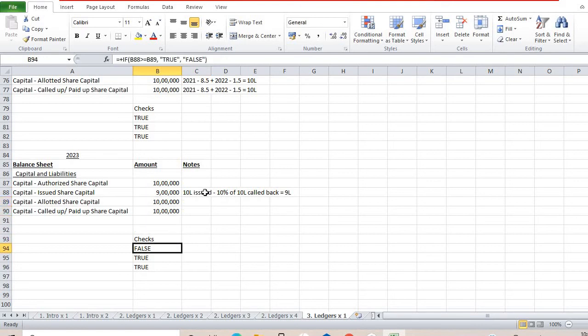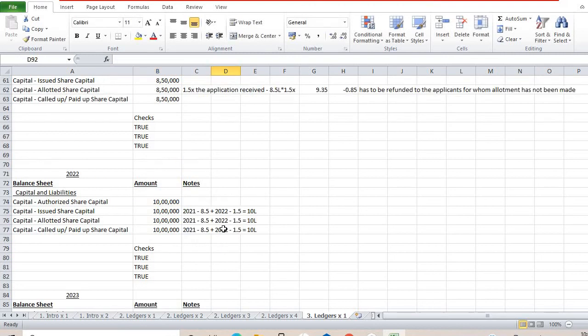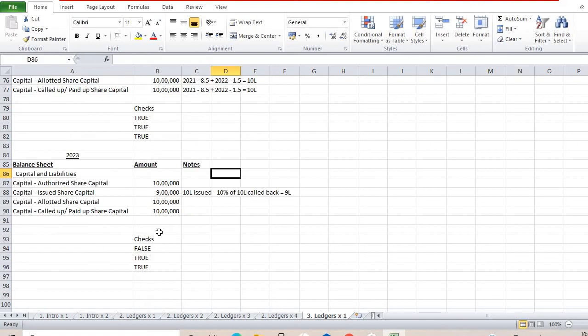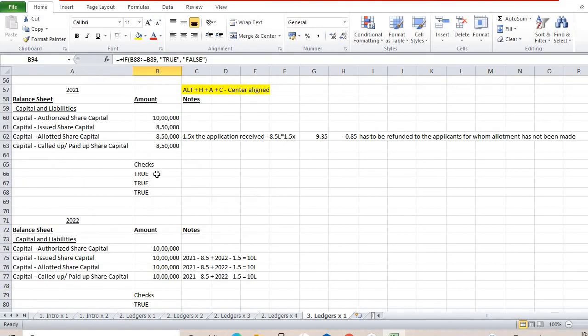It is saying false. Why is it saying false? It's saying false because my allotted capital is greater than my issued capital. Okay. So now I'm looking at this check and I'm looking at this check. Now what has happened to these checks, and this is very important for you to note.